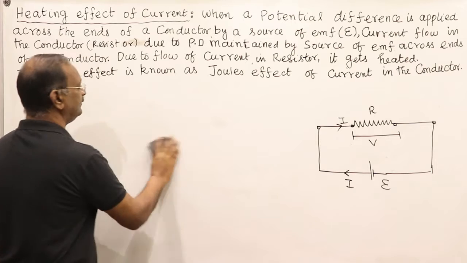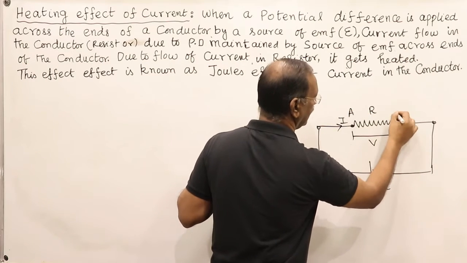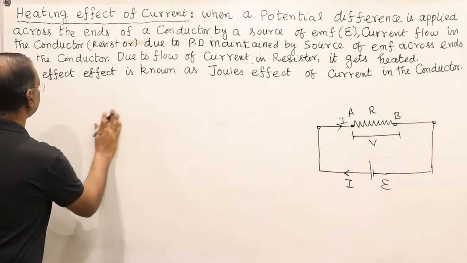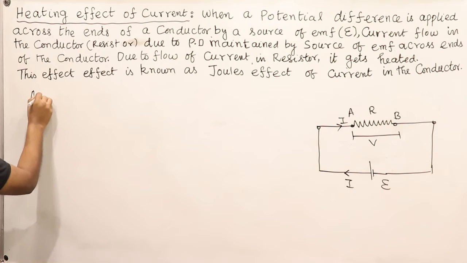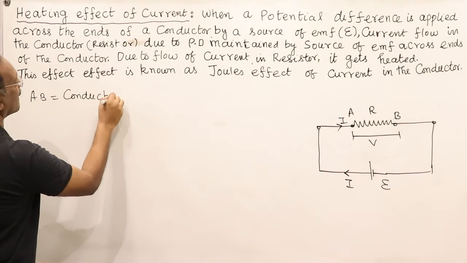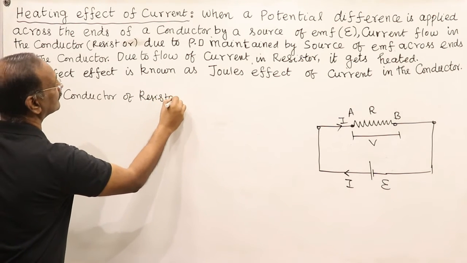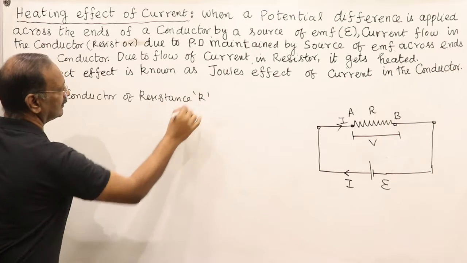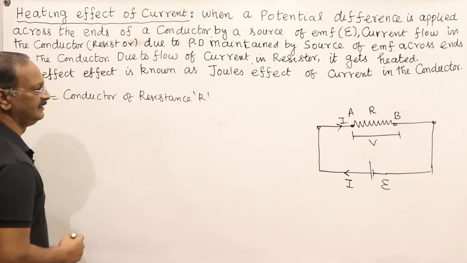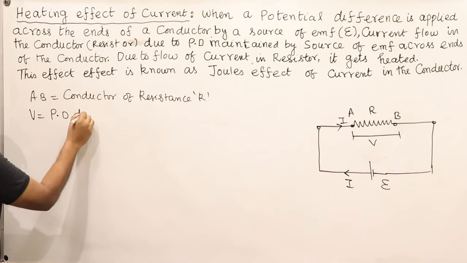So, what is I? This is the end A and B of the conductor, which is nothing but a resistance. So AB is a conductor of resistance R. And what is V? V is the potential difference developed.